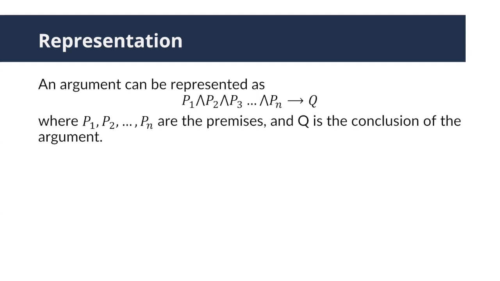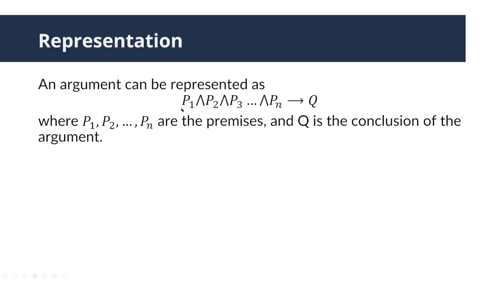Because we know, by definition, the initial propositions together imply the final proposition, we can write it as an implication, where P1, P2 through Pn represent the initial propositions.